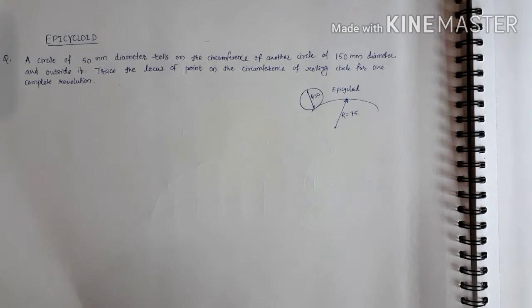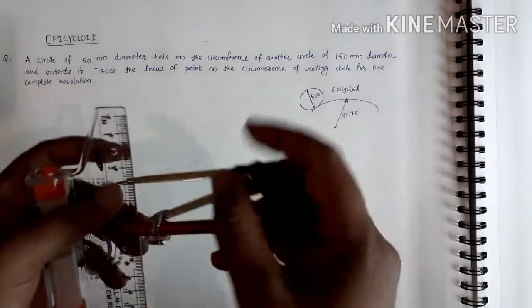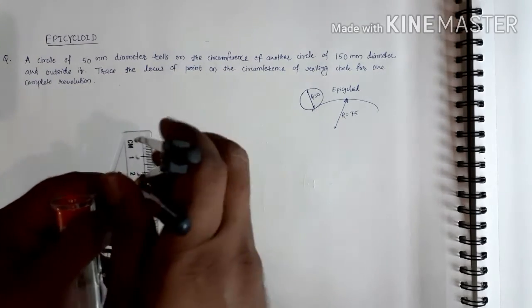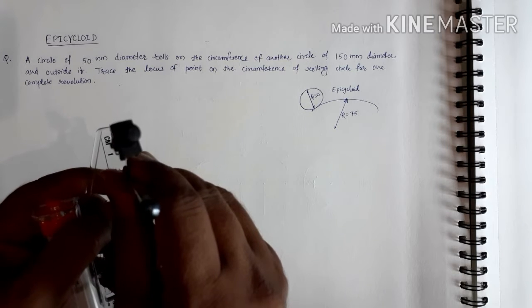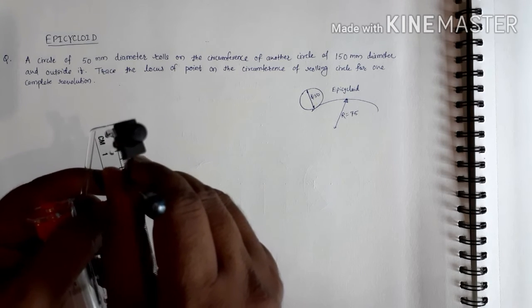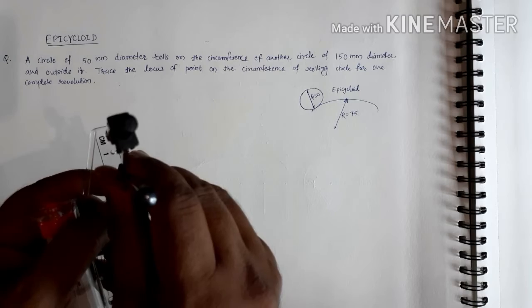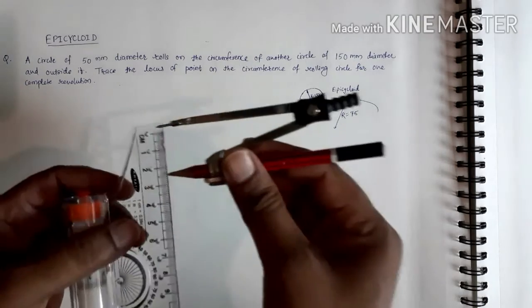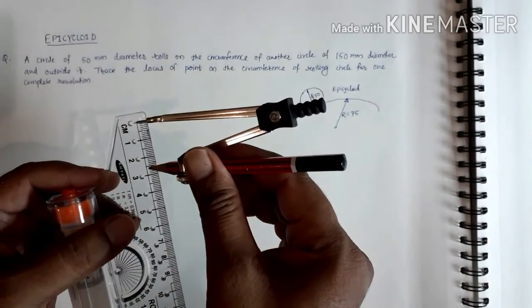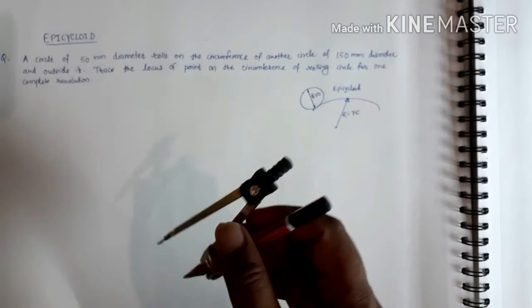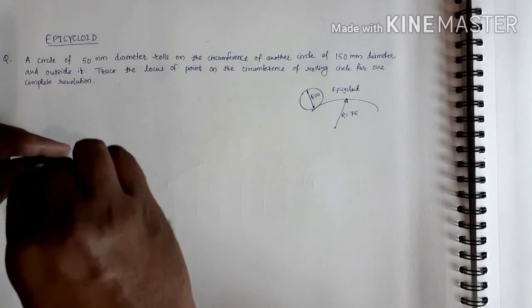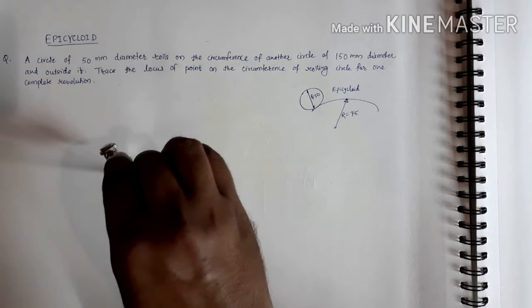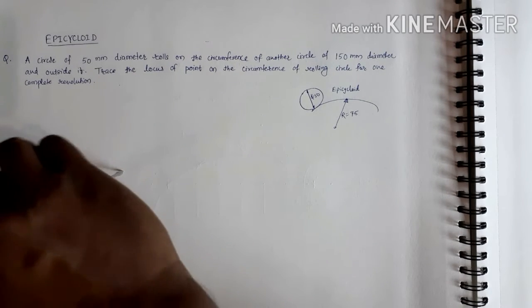Now for drawing the epicycloid, we need to draw first a circle of 50 mm diameter. So take a distance of 25 mm in compass, that is 2.5 centimeter in compass, and draw a circle of 50 mm diameter.